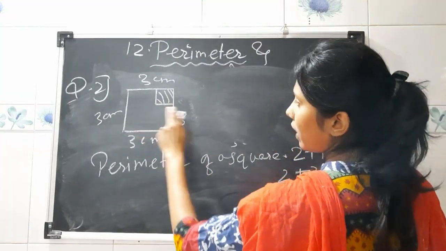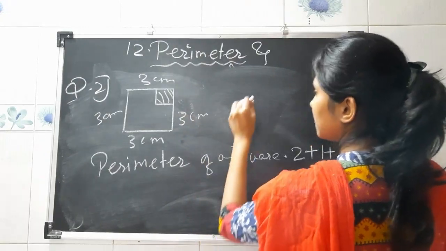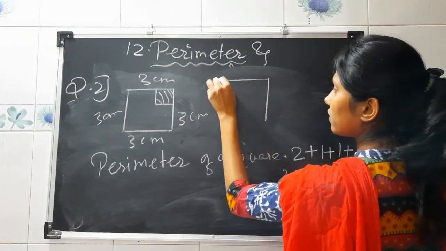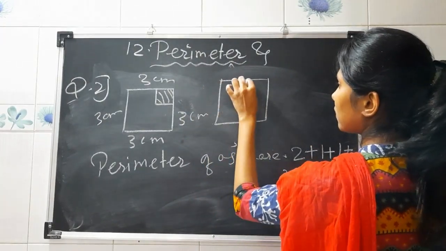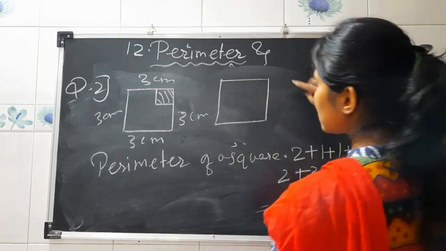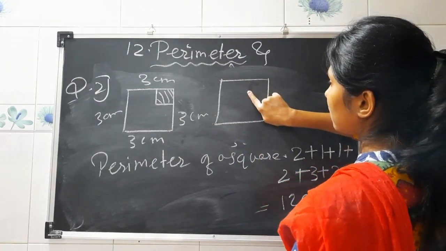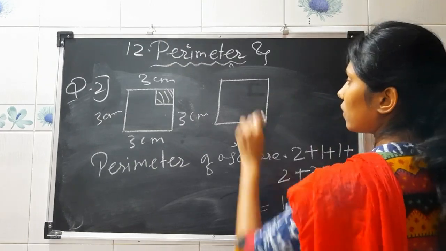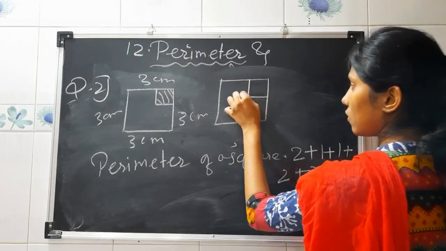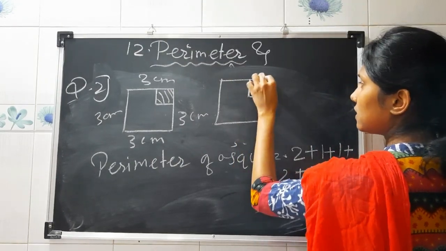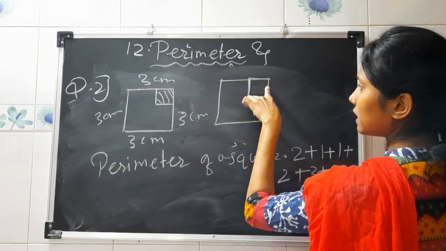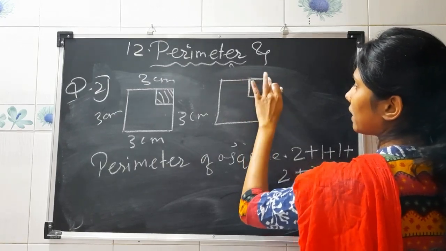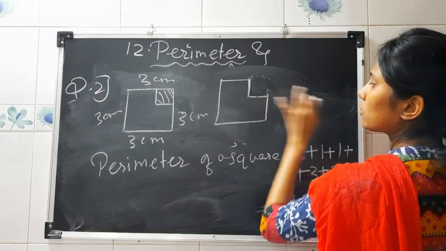The square is of sides 3 centimeter. But in the question, the 1 centimeter square is cut out from the corner. After cutting this, it will look like this.